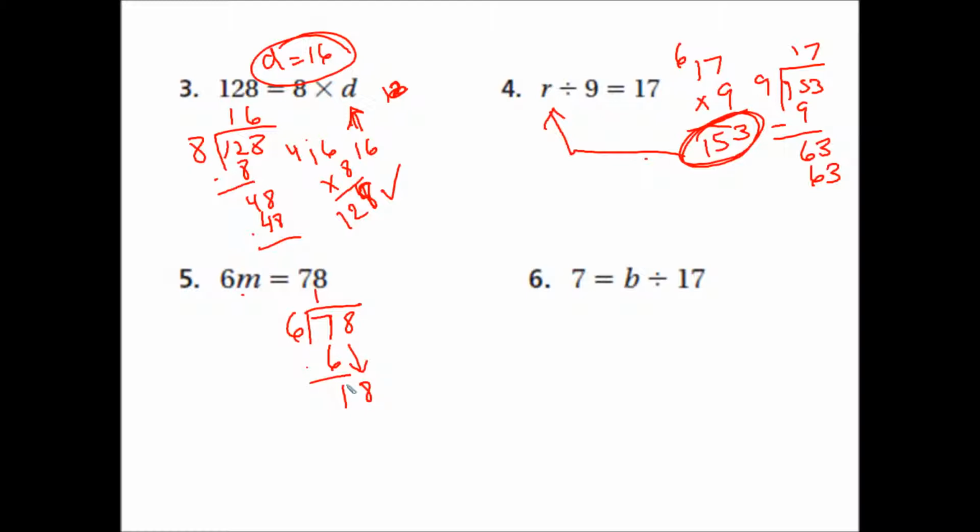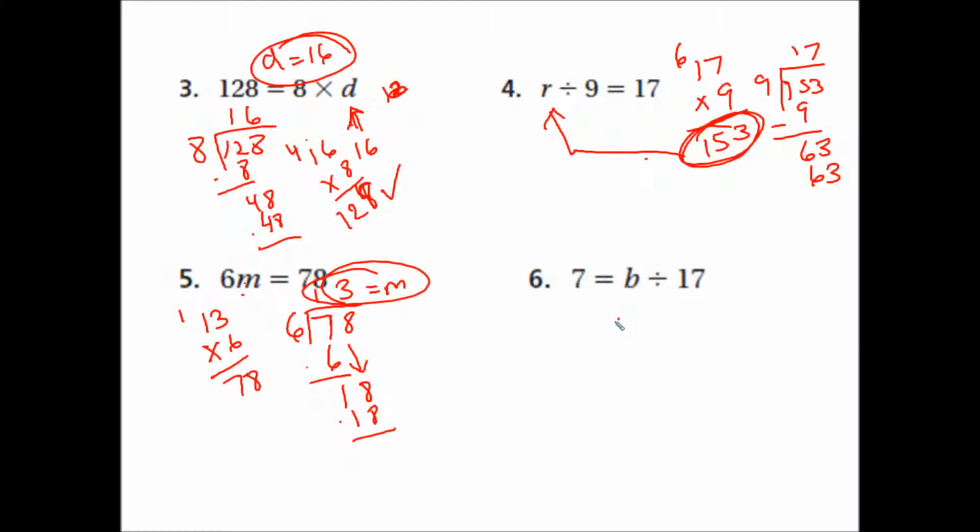And I bring down the 8. 6 goes into 18 3 times. So I have m equals 13. So let's check that. 6 times 13 should equal 78. Let me double check that. Yes, it does. So m does equal 13.